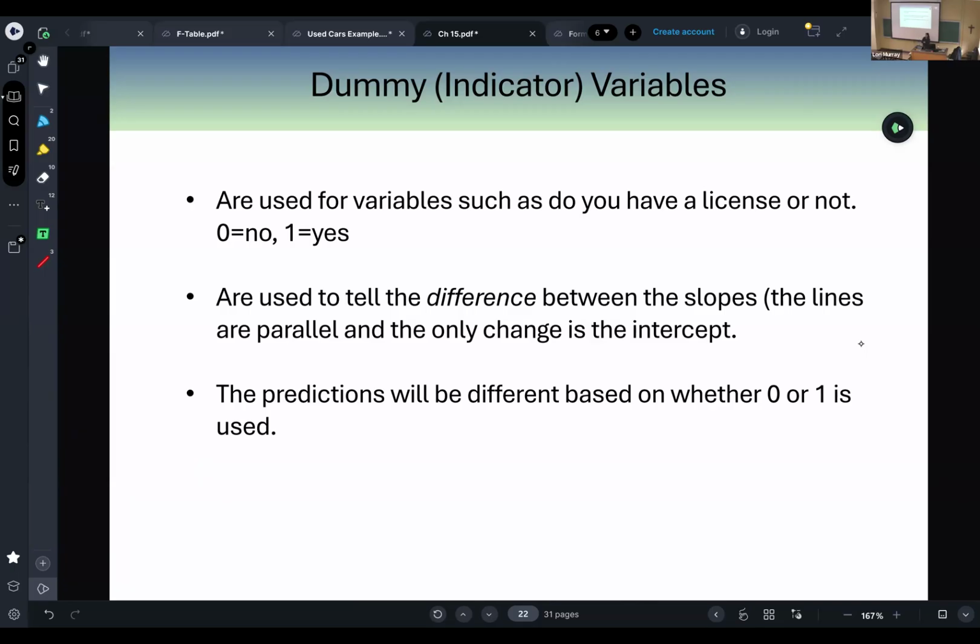We give no a 0, and most of the time we give yes a 1. They are used to tell the difference between the intercepts. The lines are usually parallel, and the only change is the intercept. But we can find out in the same manner whether it's statistically significant or not. The predictions will be based on whether 0 or 1 is used.